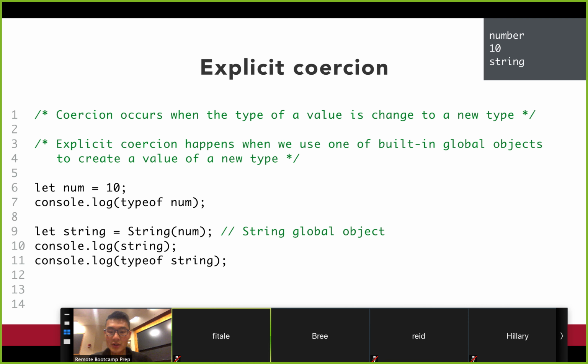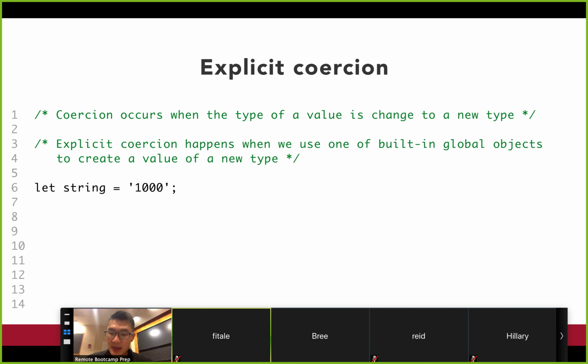Right? And so we call this explicit coercion. It's because we are very clearly on line 9 saying, hey, let's invoke this String class and let's pass something into it and get back a string value. Okay, that's explicit coercion. We are being very clear about what we're changing something to.